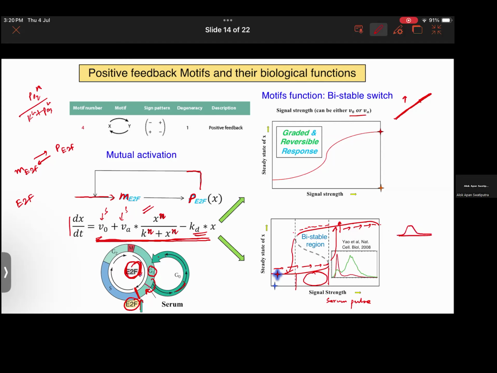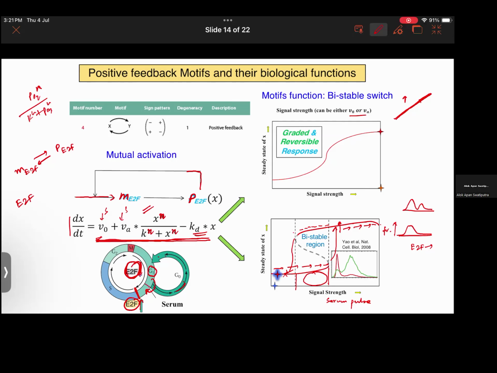I think this is EQF increase in this direction, and this is frequency. That's how the histogram looks. Initially, it was very low signal. When they put an intermediate serum pulse, what they observed is there is a bimodal population.